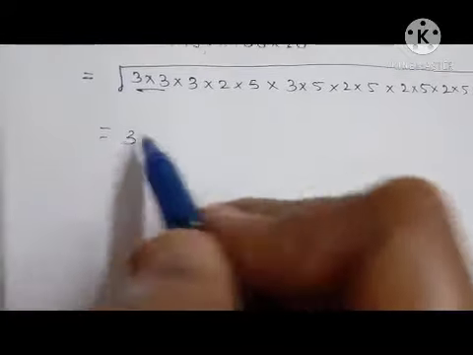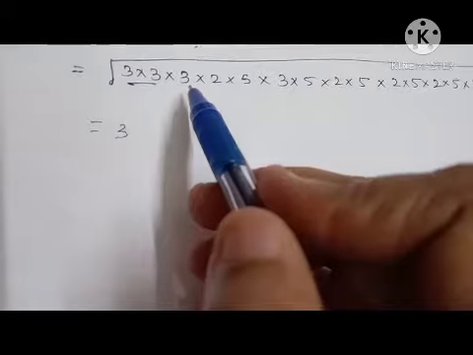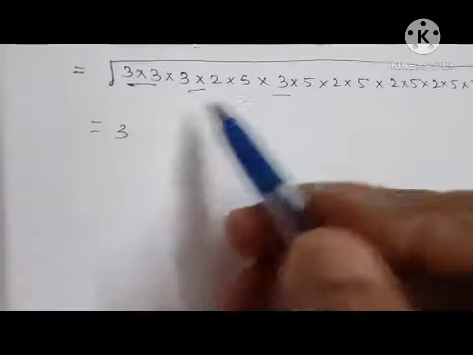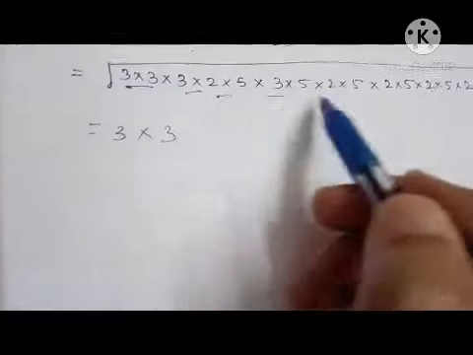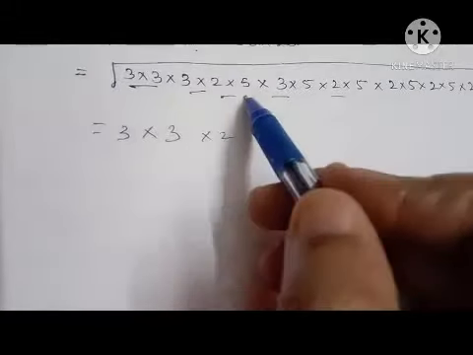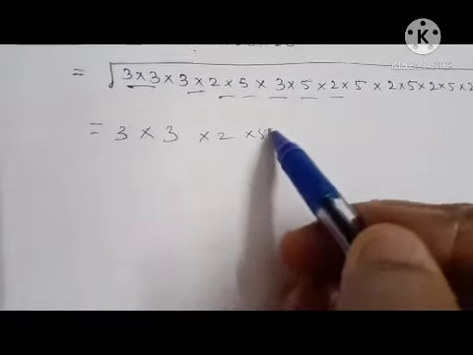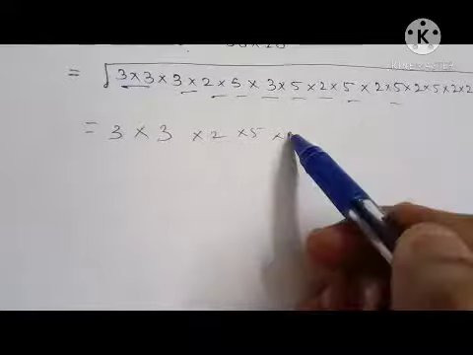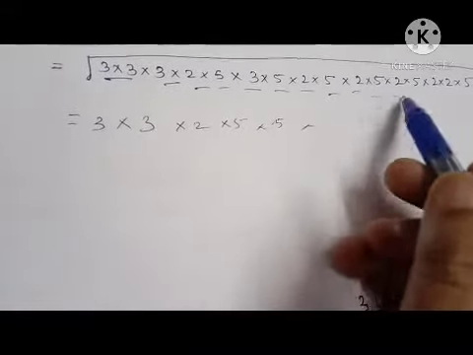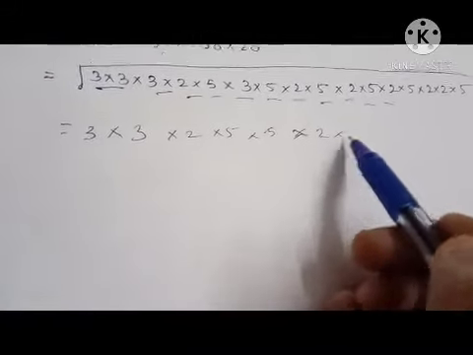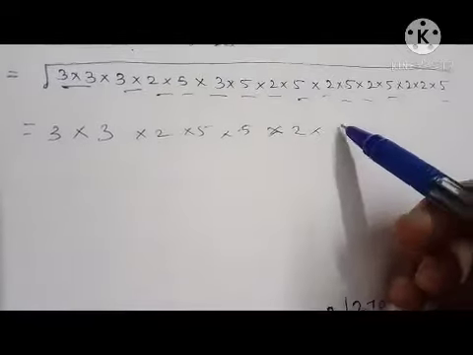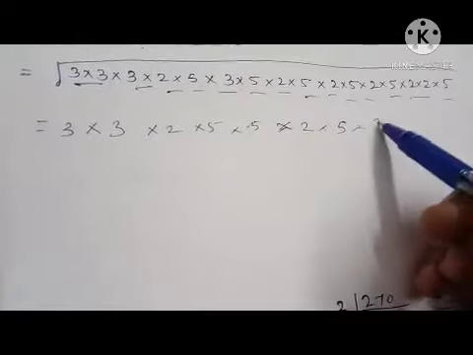Then from each pair we can take the one number outside. So these 2 3s, 1 3, these 2 2s, 1 2, these 2 5s, 1 5, and so on for the remaining pairs.